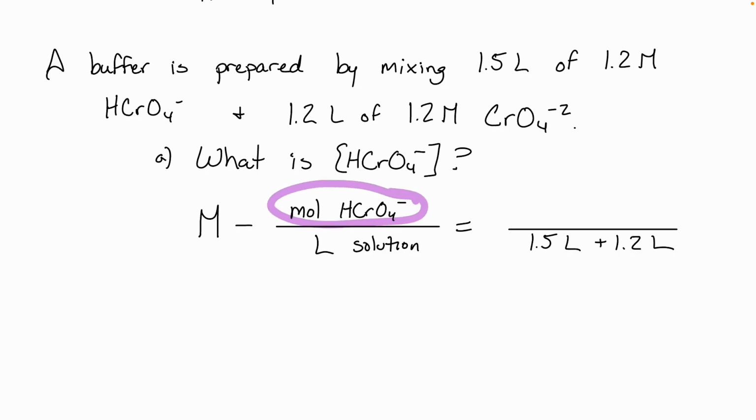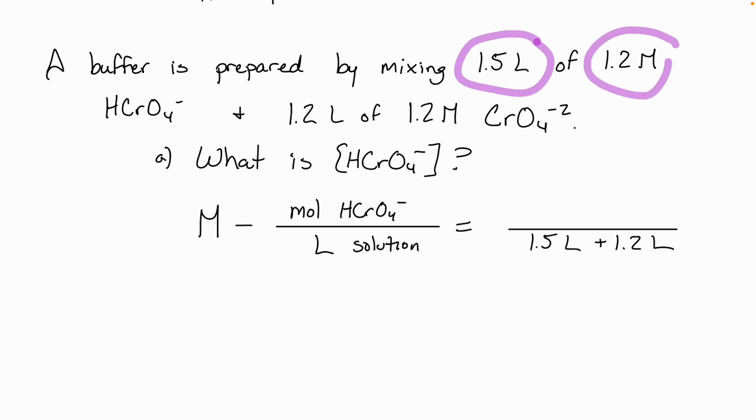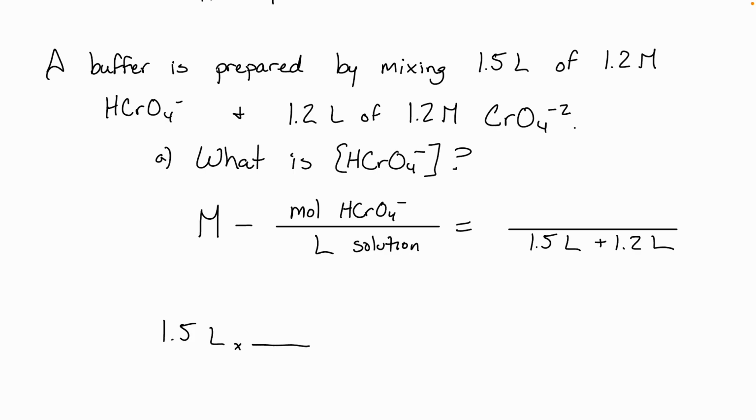Now I still need my moles of weak acid here. What I'm given is a volume and a concentration. If I take that volume, 1.5 liters, and multiply it by my molarity, this is saying there are 1.2 moles of HCrO4 minus in 1 liter of solution. So if I have 1.5 liters, I multiply those together.